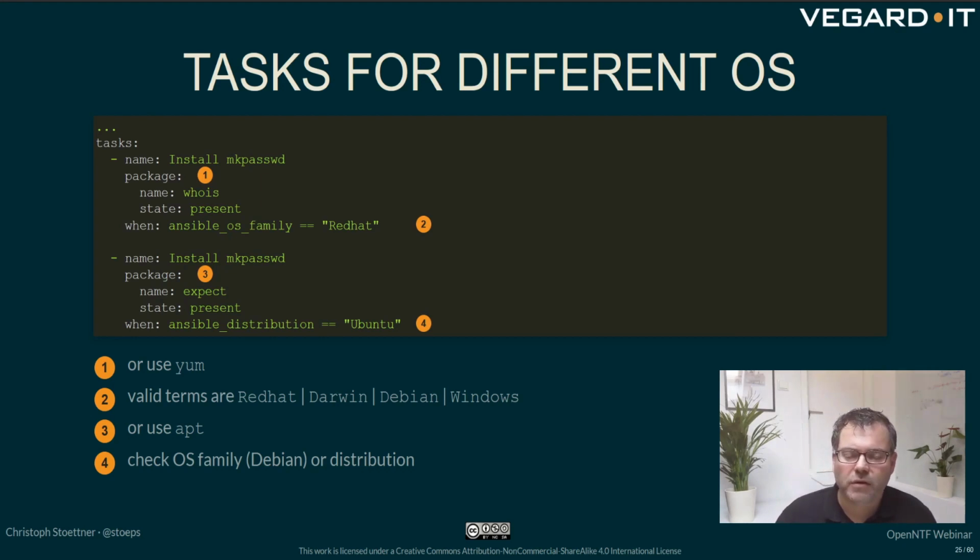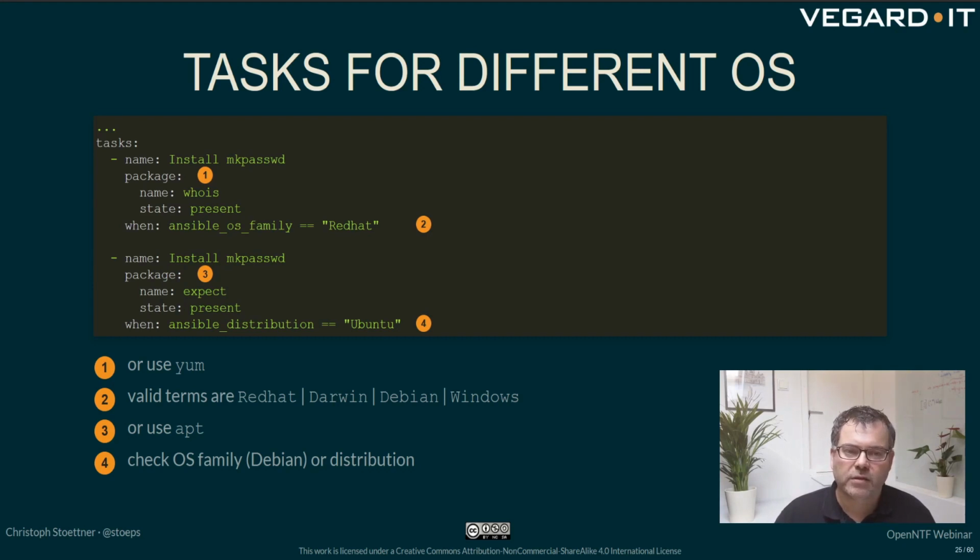In that case, I wanted to install the mkpasswd binary, which is in the package whois in all Red Hat distributions, or in the Red Hat operating system family, and in Debian or Ubuntu it is in the package expect. So we can use package for both operating system families, but we need to provide special package names for the distribution or operating system family.